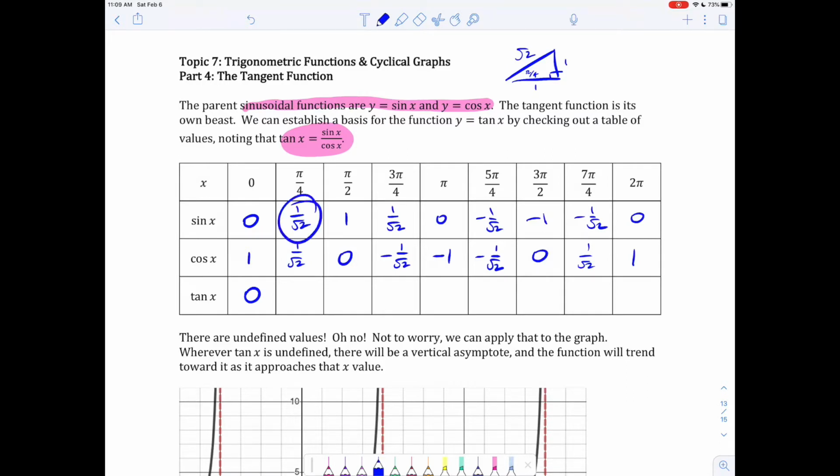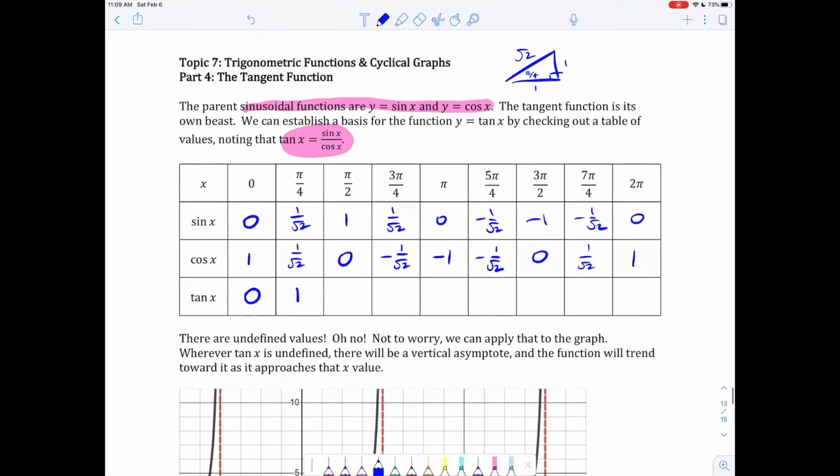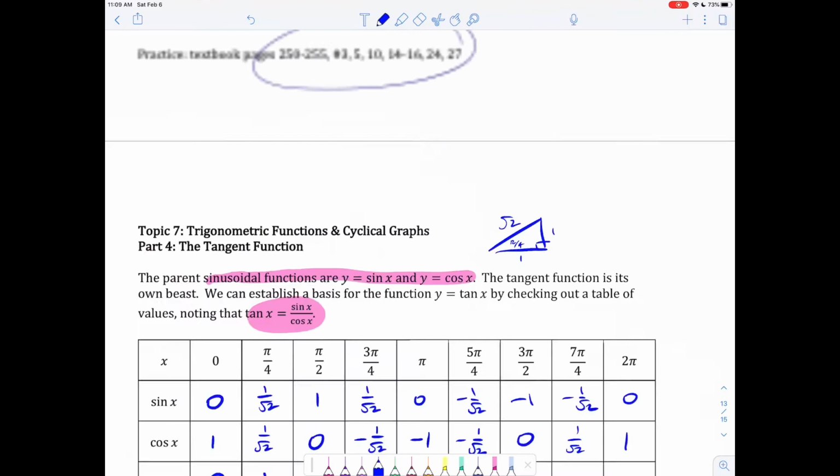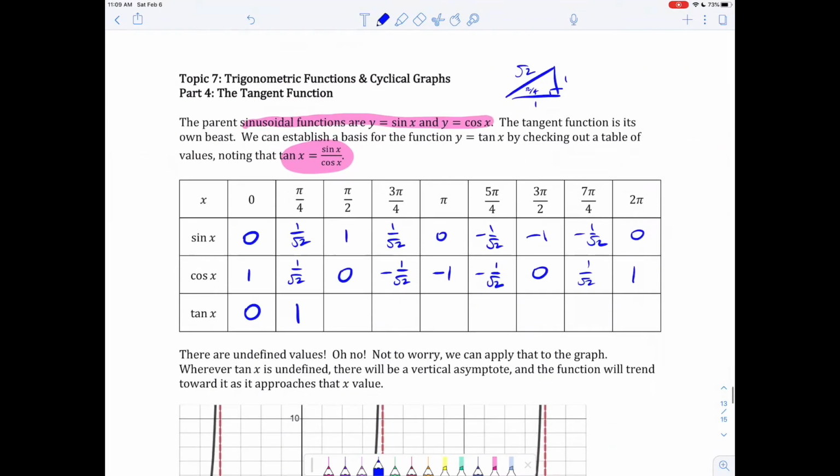Here we have 1 over root 2 divided by 1 over root 2. So it's only divided by itself, and that gives us a 1. And we can also get this from the special triangle here. There's pi over 4, and opposite over adjacent is equal to 1 over 1, hence 1. So we get that value there.